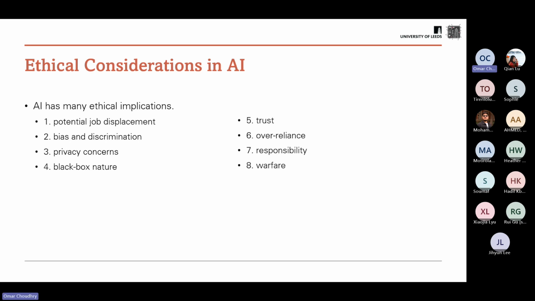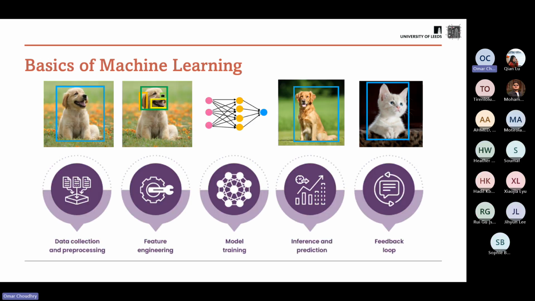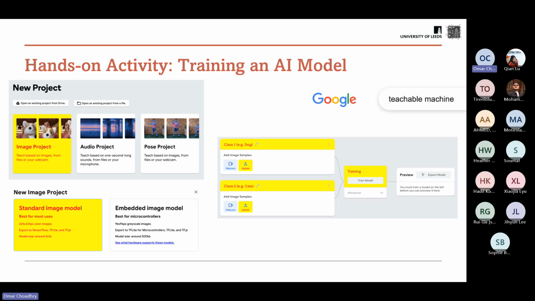Another problem is with the black box nature of AI. What I showed earlier was a model where you're able to take images and features and give predictions. And same within Teachable Machine, when we train the model, it's very difficult sometimes to really know what exactly is going on.